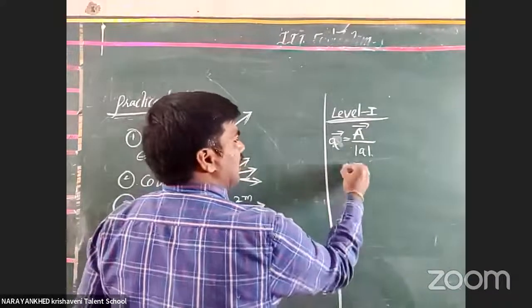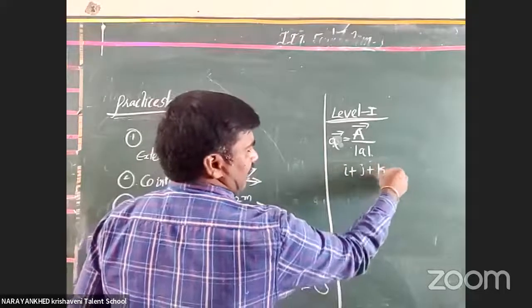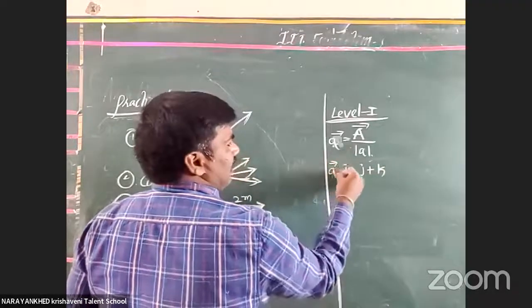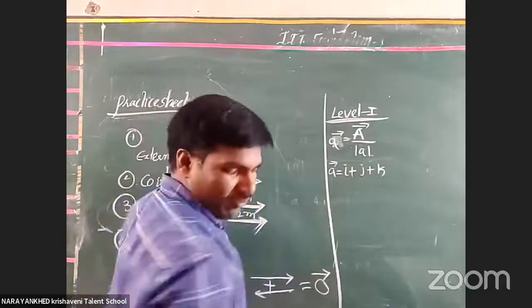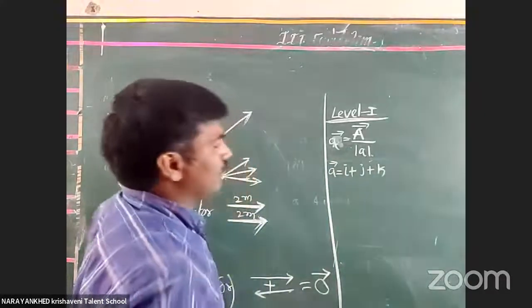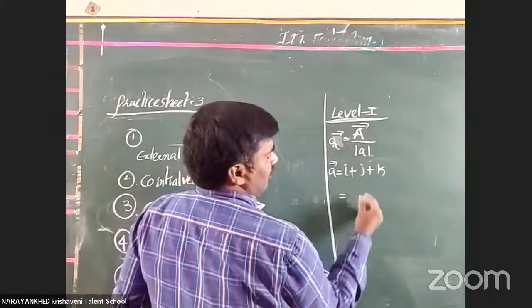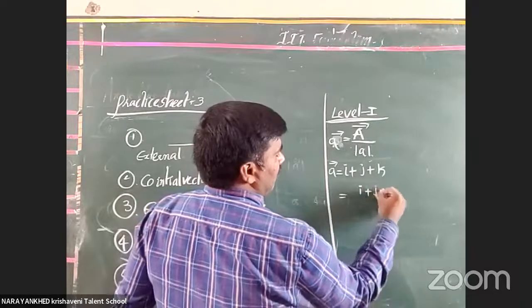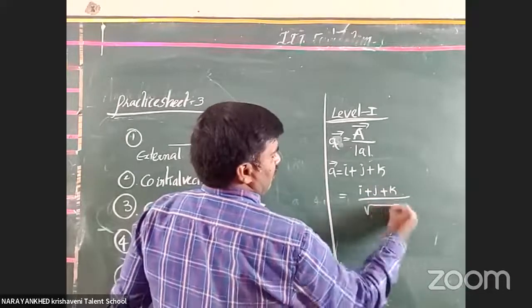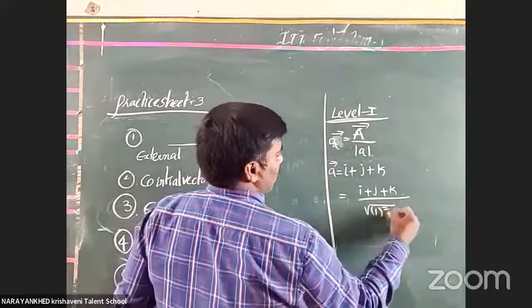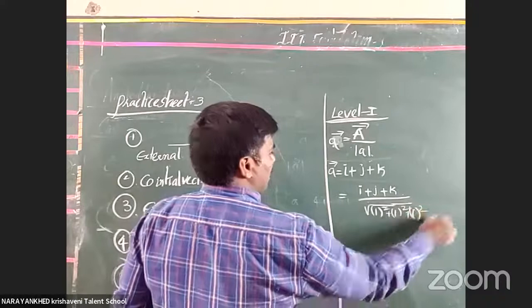Suppose you take here i, j and k. What is the magnitude of it? The magnitude becomes, for i bar plus j bar plus k bar, 1 square plus 1 square plus 1 square.